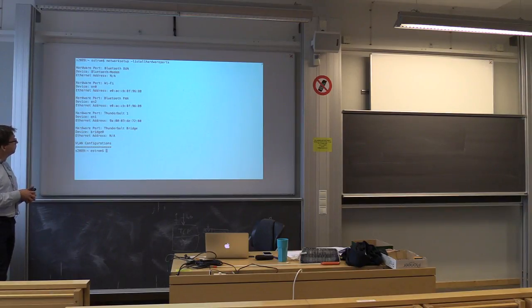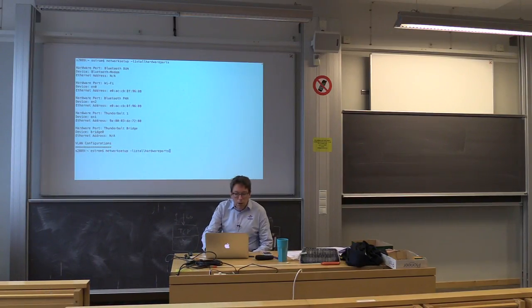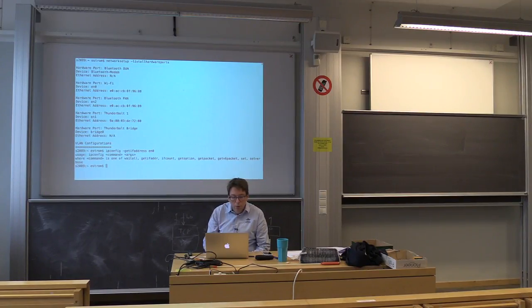But if I want to figure out what the IP address tied to this is, I can query my own table. It's called ipconfig, I believe, and then getifaddr, the interface address. And then I take one of the interfaces, maybe the Wi-Fi port here. Oops, what did I do wrong?